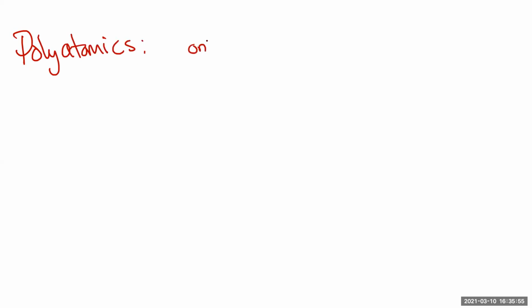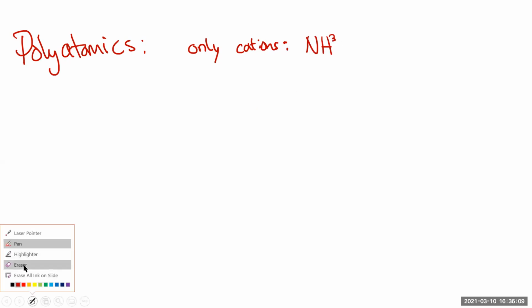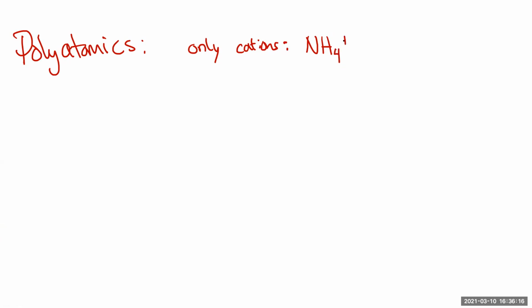Now, generally, the only cations amongst polyatomics are going to be what we call ammonium. Ammonium is NH4, the 4 needs to be a subscript, not a superscript. It's actually NH4 plus. So NH3 is ammonia. NH4 plus is ammonium.